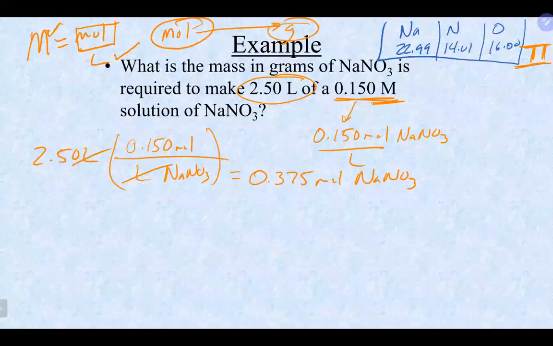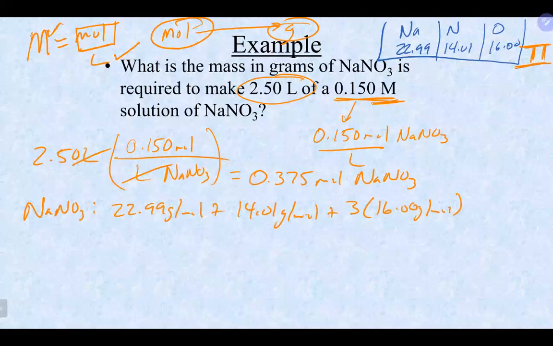At this point, we've got our moles. We can now go into grams, but we do need to calculate the molar mass of sodium nitrate. So that is 1 sodium at 22.99, our nitrogen at 14.01, and we have 3 oxygens at 16 in this case. That's going to give us 85 grams per mole as the molar mass.